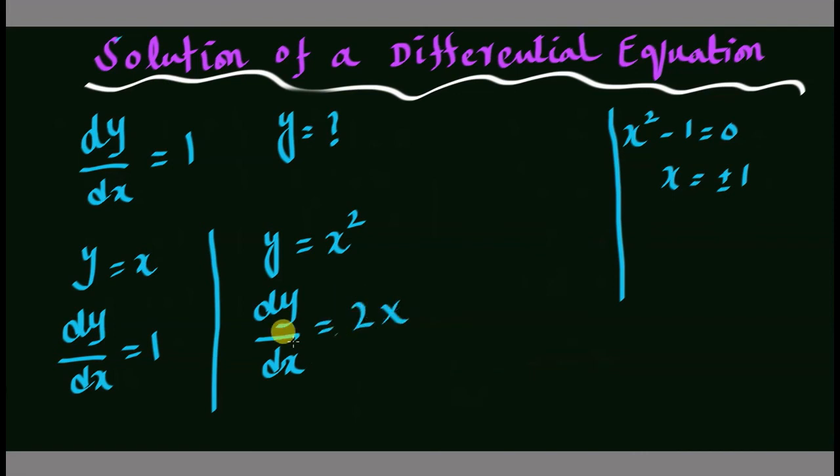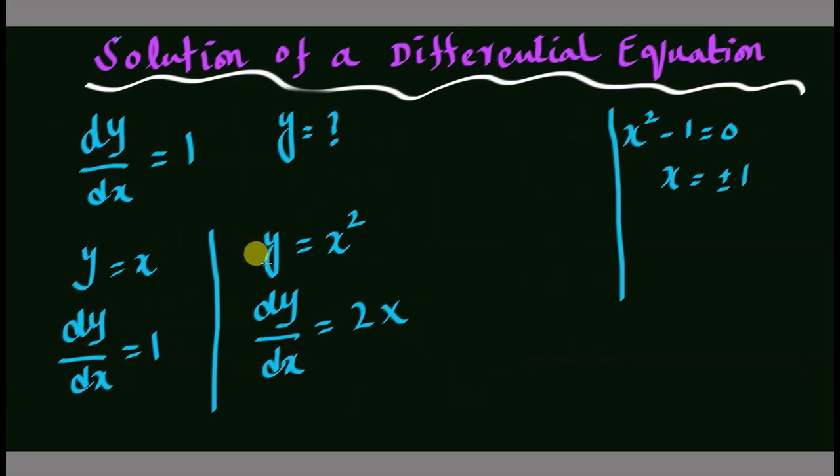You will have dy over dx is equal to 2x, which is not satisfying the given differential equation, because the given differential equation is dy over dx is equal to 1, but the result generated here is dy over dx is equal to 2x.